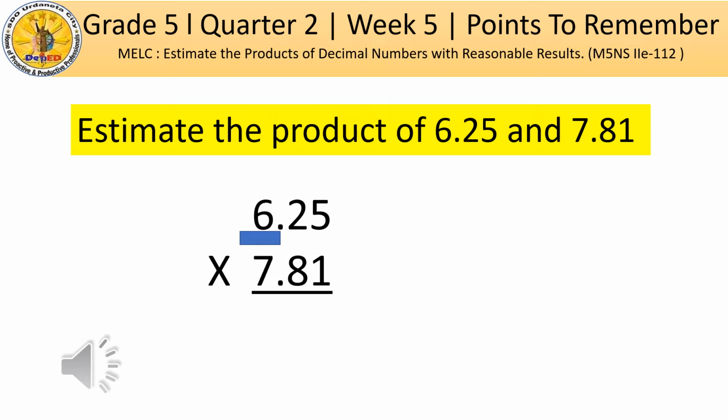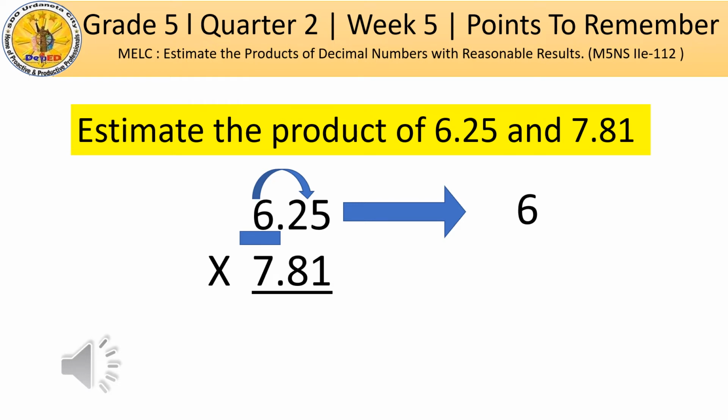Then by looking at the right digit, which is 2, is 6 closer to 6 or closer to 7? Correct. 6 and 25 hundredths is closer to 6. Therefore, 6 is the rounded factor.